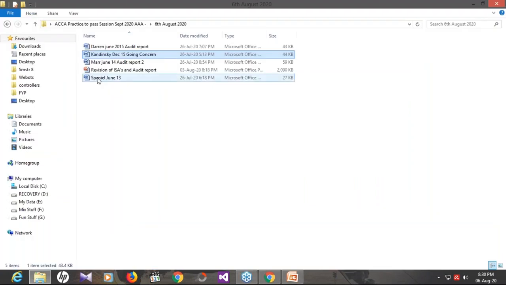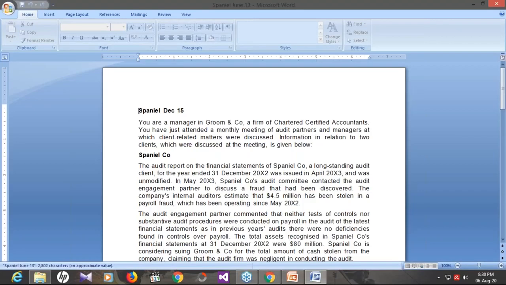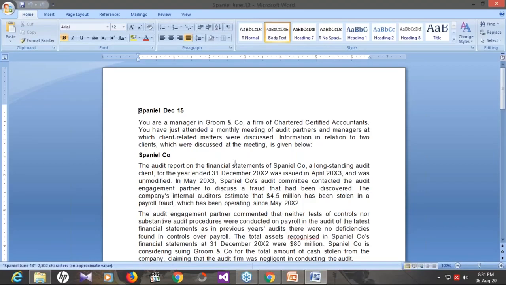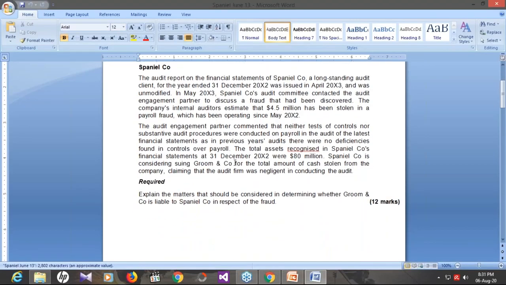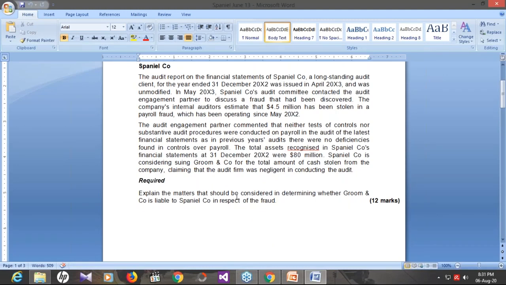For example, Spaniel. Spaniel is another important question. Explain the matters that should be considered in determining whether Groom and Co is liable to Spaniel Co in respect of fraud or not. So this is a typical area, the prevention and detection of fraud, which is a very much favorite area of the examiner.